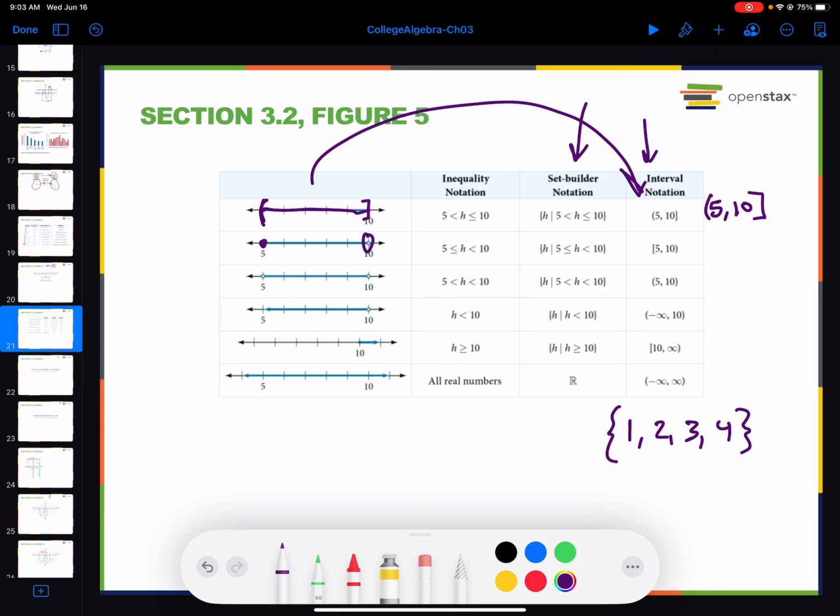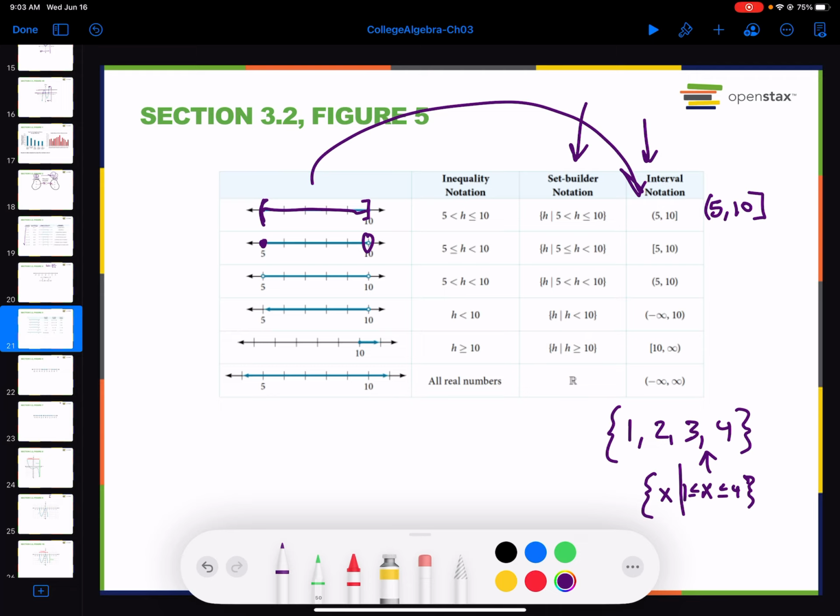So this is my set, and my set is saying that it's all x values such that x is greater than or equal to 1 and less than or equal to 4. So that's called set builder notation. So this tells you what can go inside this set.